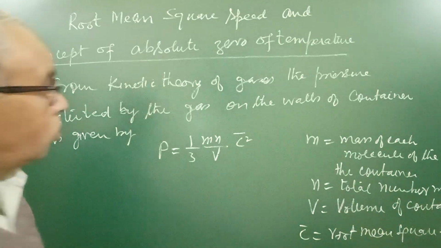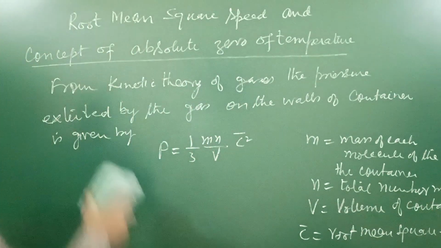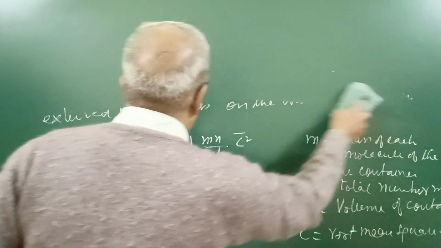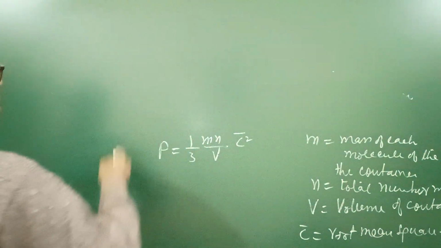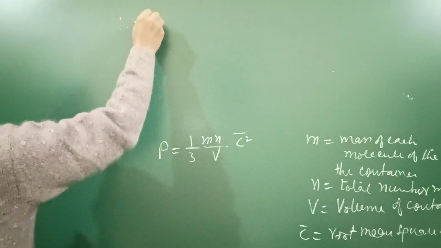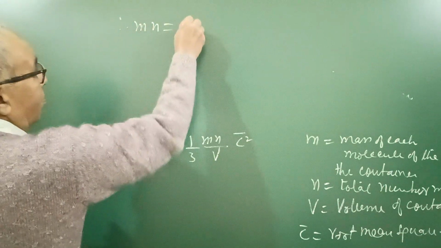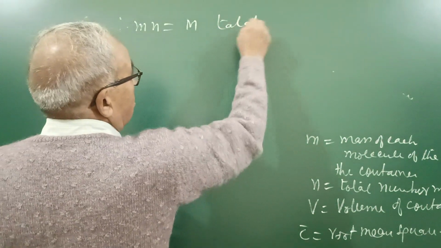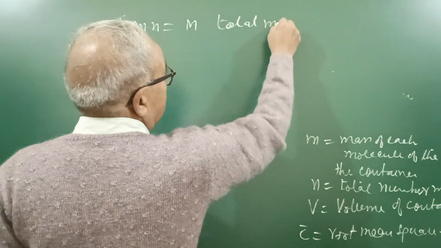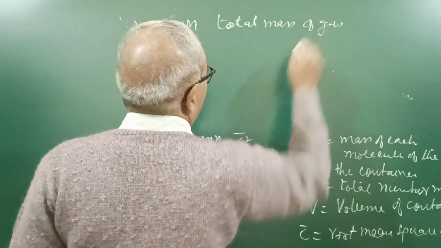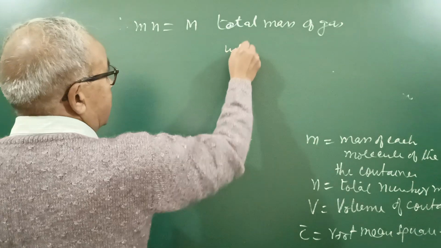Now, if the total mass of the gas be capital M, then m into N is equal to capital M, the total mass of gas in the container.